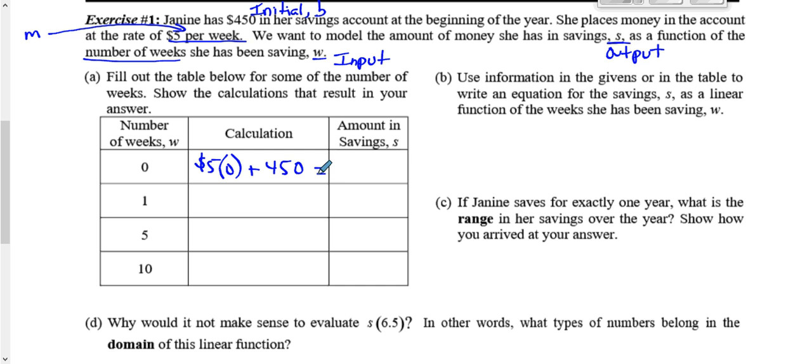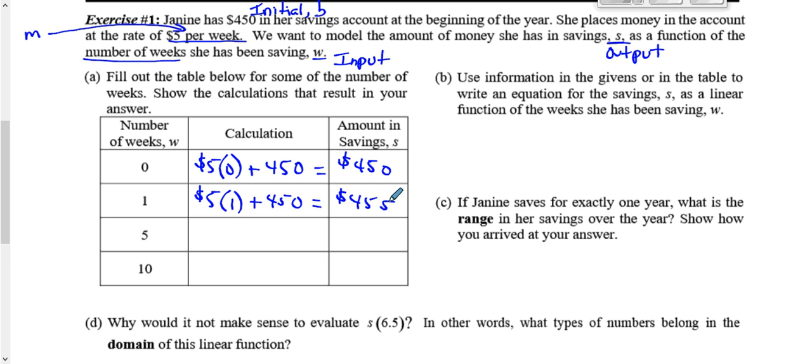So what is in her savings? $450. Next, week 1, it's $5 she puts in times the number of weeks, which is 1, plus the $450. So how much does she have after week 1? $455.